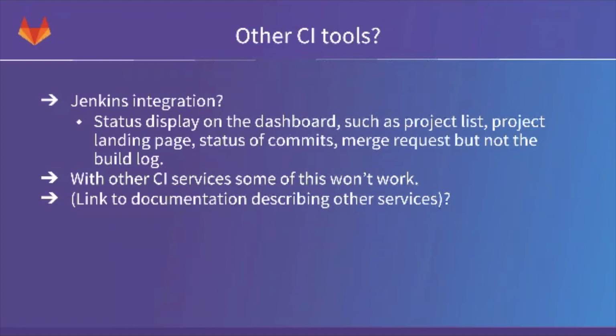Of the other tools, Jenkins has the best integration. You will see the status of commits, you will see the merge requests, you will see the status of builds, but for example, you will not see the detailed information about the build, nor be able to download or browse build artifacts that can be used with GitLab CI.